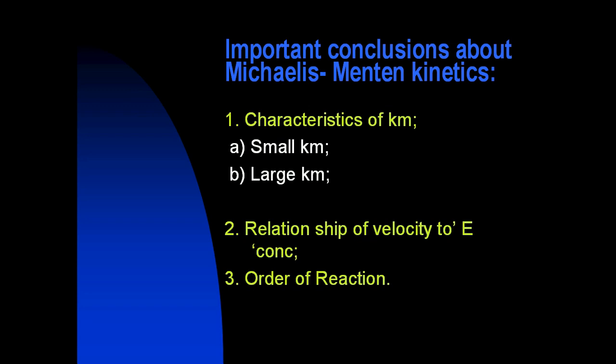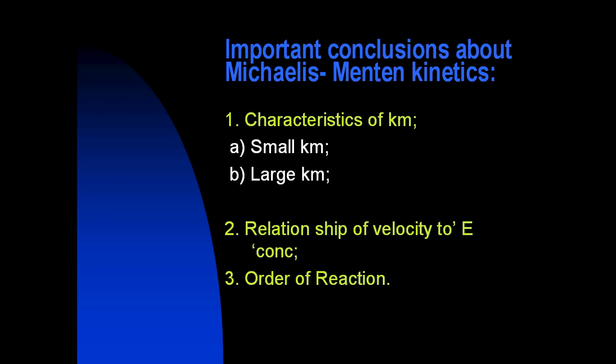Now number 3, the order of reaction. Regarding the order of reaction, when the concentration of substrate is much less than the Km, the rate of reaction is directly proportional to the concentration of substrate. At that time the rate of reaction is said to be first order with respect to the substrate concentration.